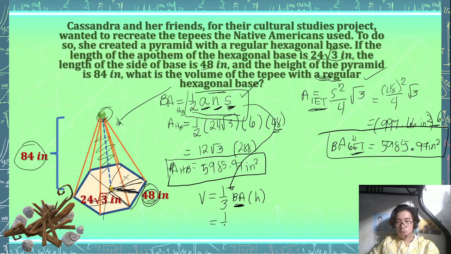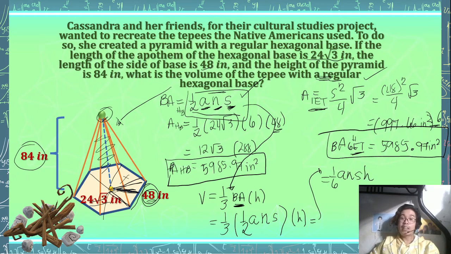This is going to be 1/3 multiplied by 1/2 the apothem times the number of sides times the side length of the regular polygon itself, multiplied by the height. And this is going to give us a formula of 1/6 times the apothem times the number of sides times the length of the sides and times the height of the pyramid.